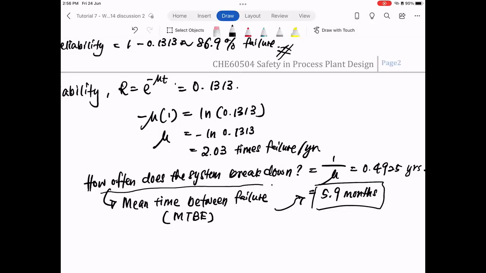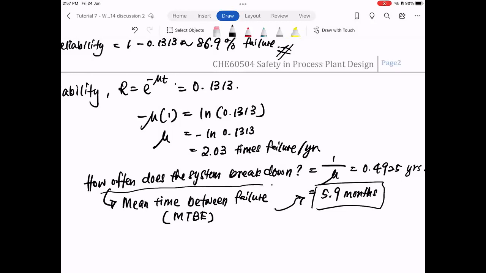So a lot of companies prefer to define preventive maintenance within the period of 1 year, and ask how many times. We know that for this system, 2 times a year, every 6 months, is not enough. So we break it down to 3 times: every 4 months, we do it once.